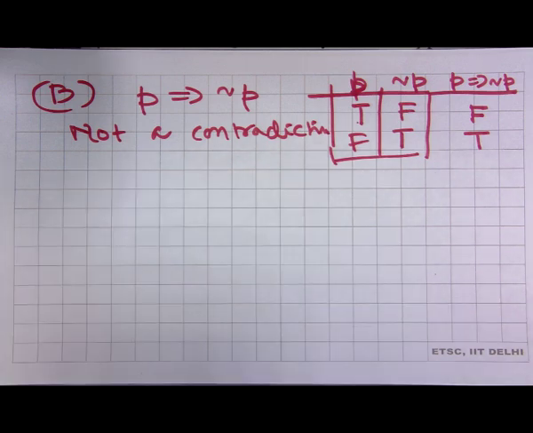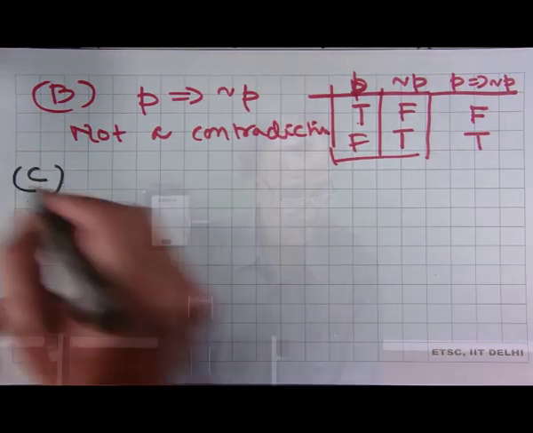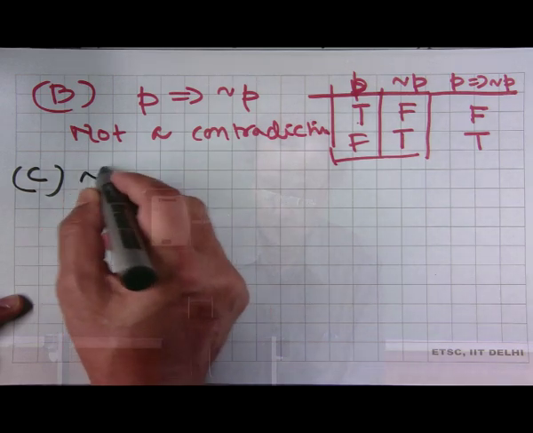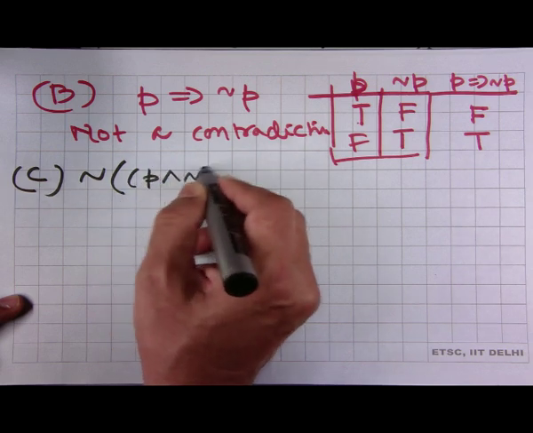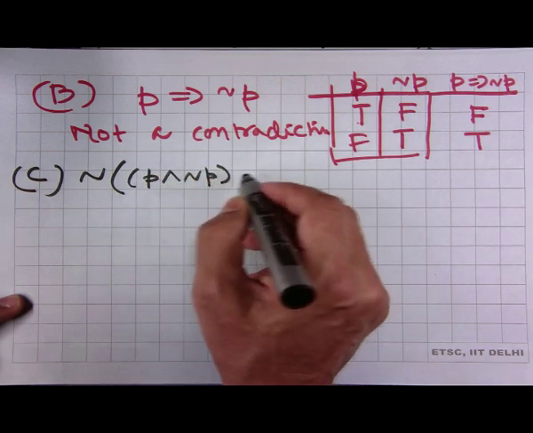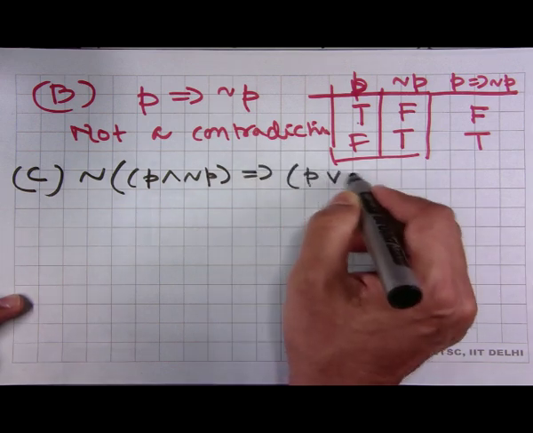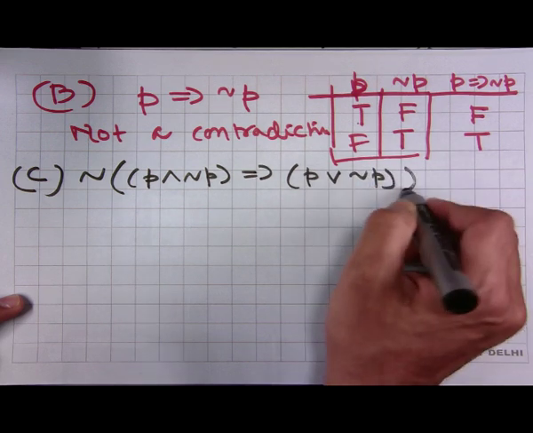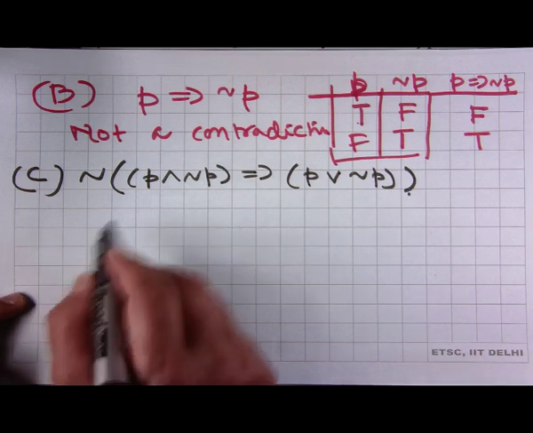Now, let us look at the third one, not of P and not P implies P or not P. Okay. How to do that?